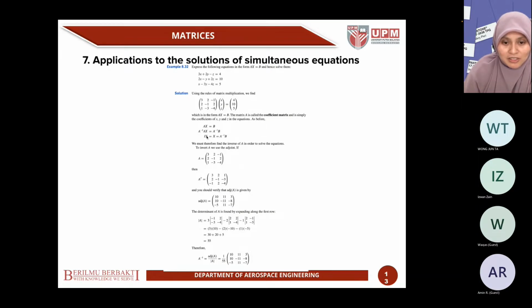The identity matrix multiplied with X will be X because it is identity. And so X equals this matrix.